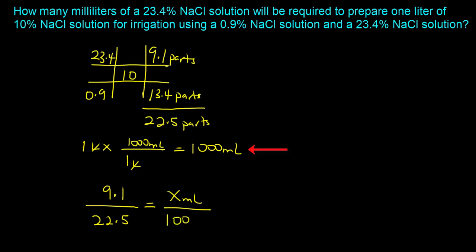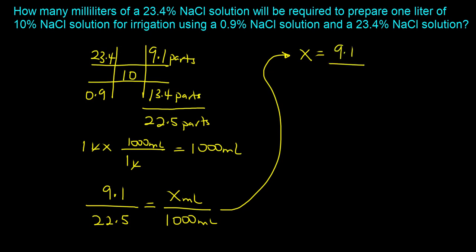And we are making 1,000 ml. So now we can go ahead and solve for x, which is our unknown. So x is going to be equal to 9.1 divided by 22.5 times 1,000.